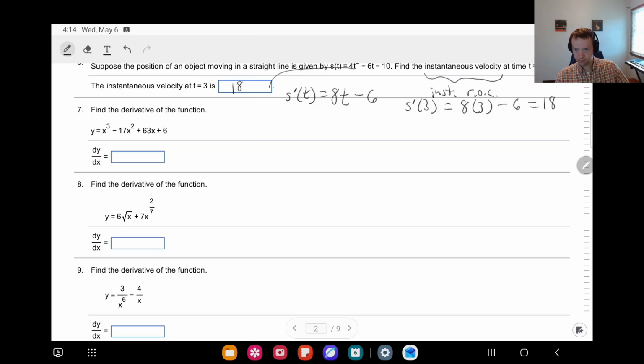Okay, next. Find the derivative. Okay, this one's kind of nice, just a power rule. So dy dx, remember that's notation, just means the derivative of y with respect to x. Like x is your main variable. So for x cubed, you bring the 3 down, that 3 exponent down, and you subtract 1 from the power.